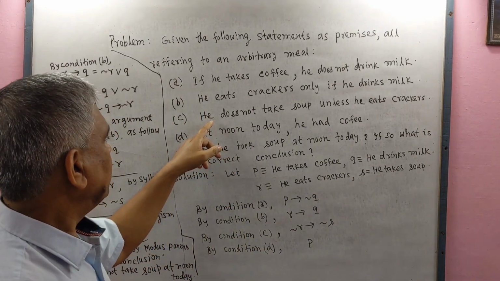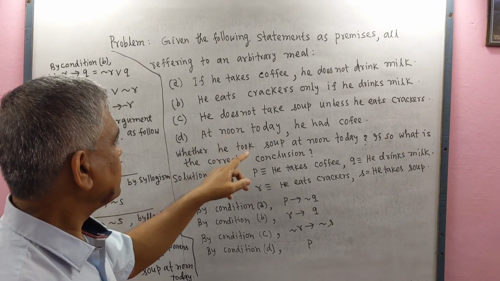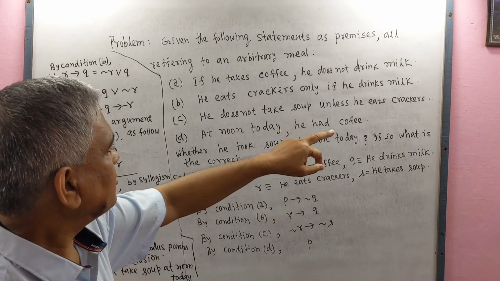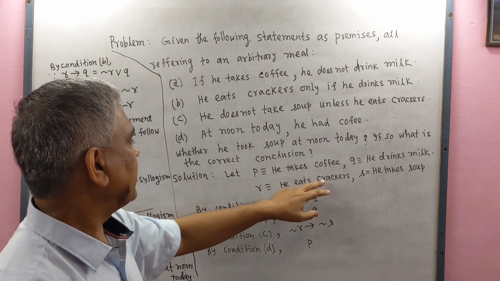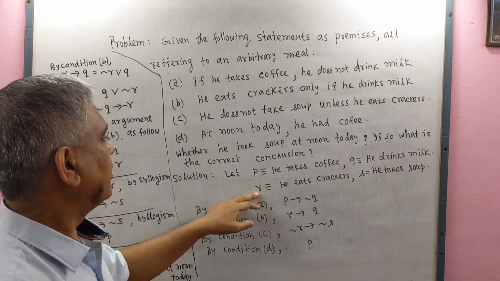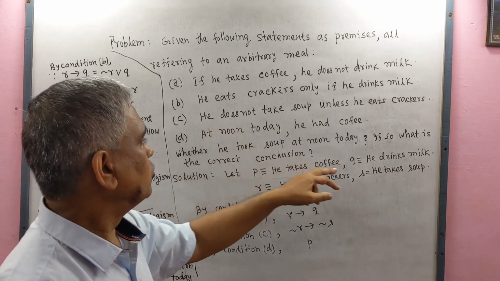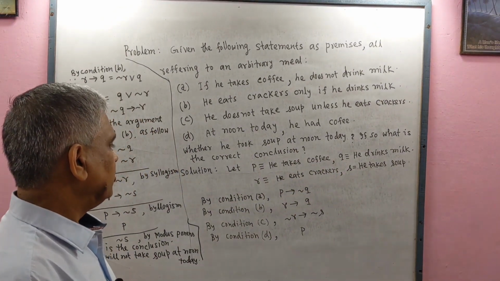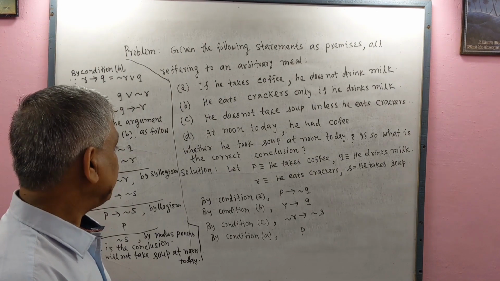Next, he does not take soup unless he eats cracker. He eats cracker, statement R. He takes soup, statement S. These are the premises.